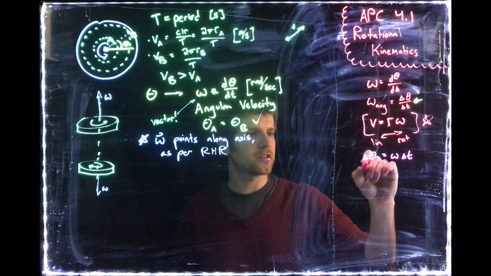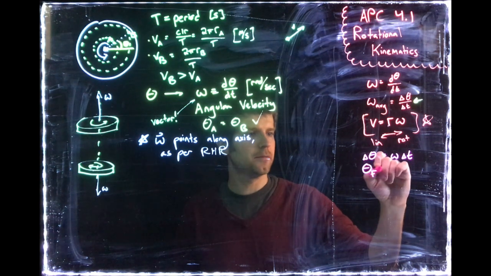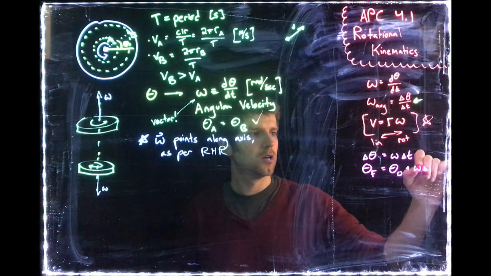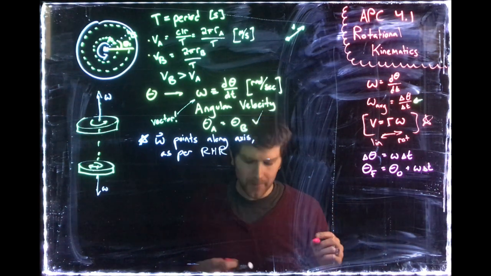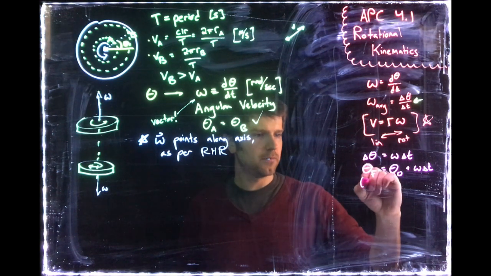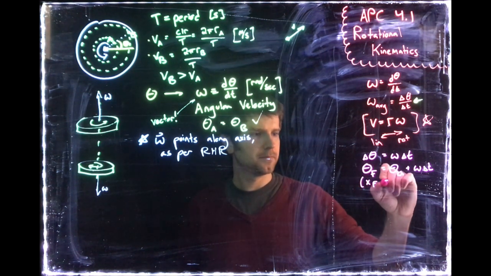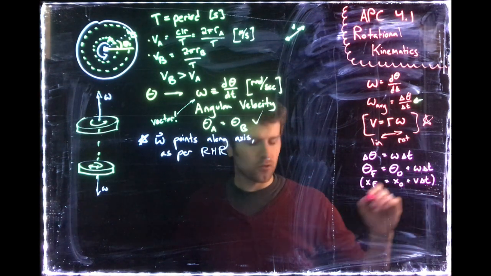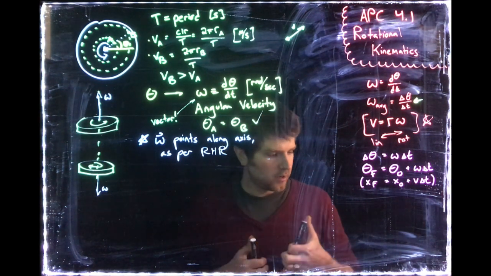Or, if you want to write this a little differently, theta final equals theta initial plus omega delta t. And if this looks an awful lot like a kinematics equation to you, you are not wrong. They are, in fact, very much alike.